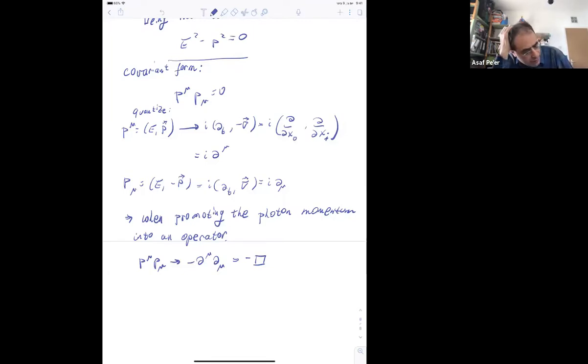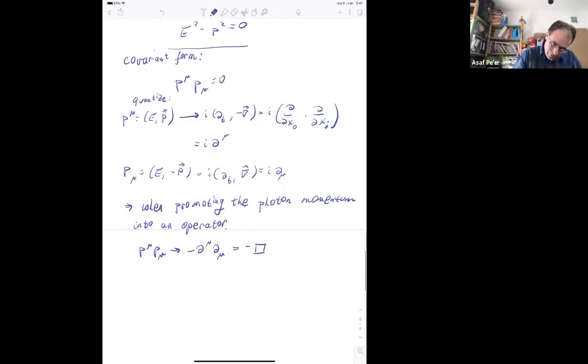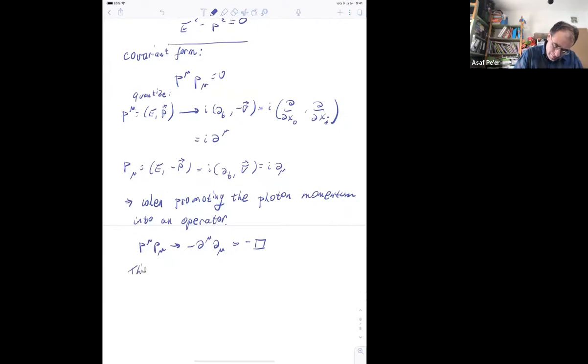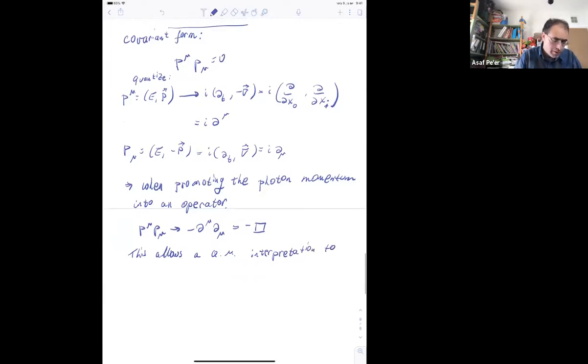So we get the following interpretation for the classical equation. This allows the quantum mechanical interpretation to the classical equation, D'Alembertian of A mu is equal to 0, which we just wrote down.